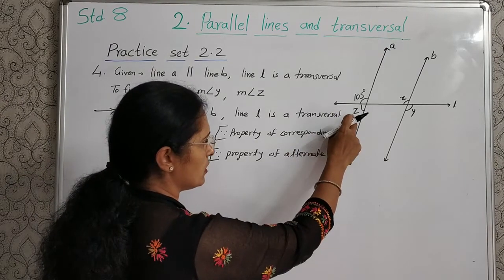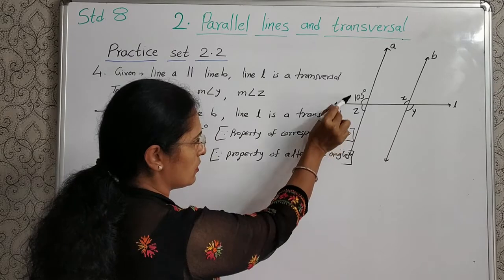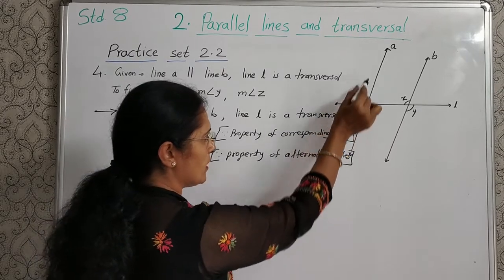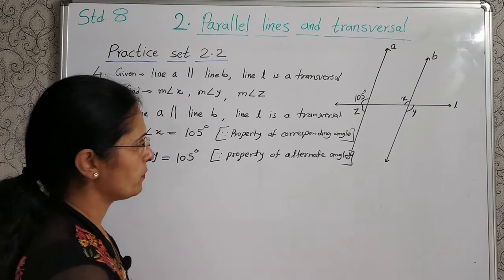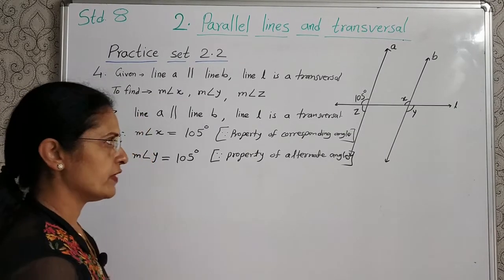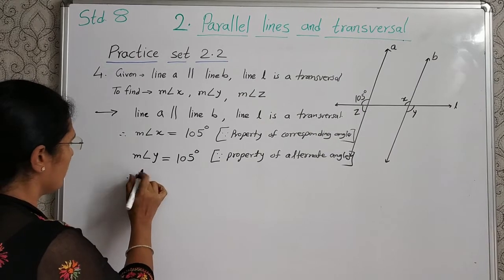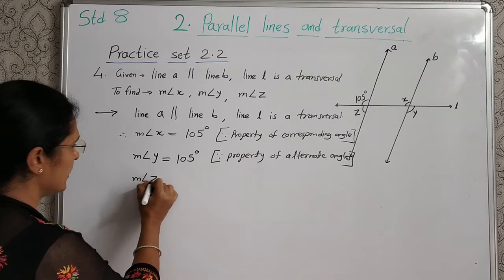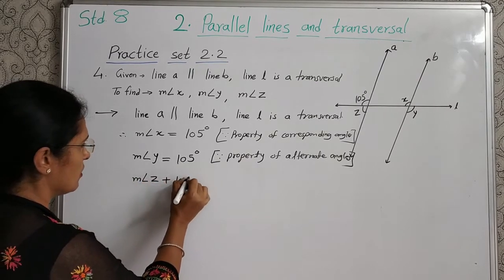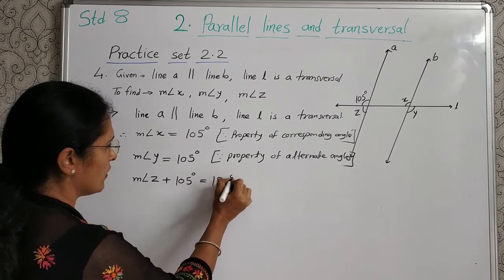Next, to find measure angle Z. So here it is Z. Now if you observe these two angles, they are forming a pair of linear angles, a linear pair, and their sum is 180 degree. So we'll write measure angle Z plus 105 degree is equal to 180 degree.